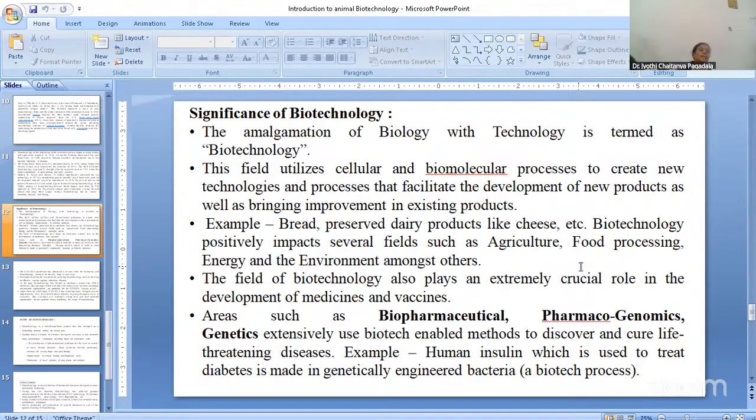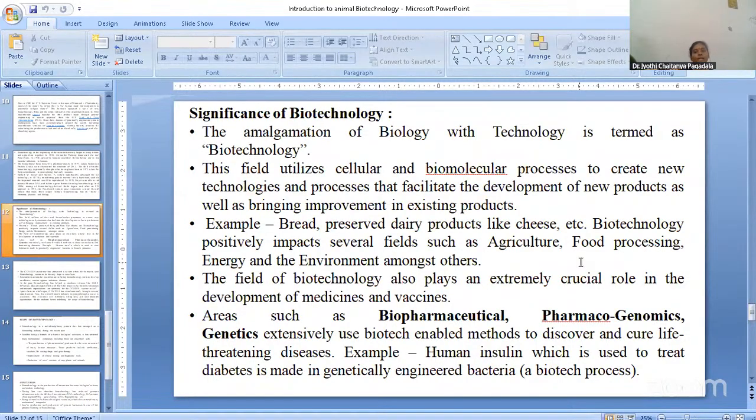Here, biotechnology covers areas like biopharmaceuticals, pharmacogenomics, and genetics. It extensively uses biotech processes, which enable methods to discover and cure life-threatening diseases.